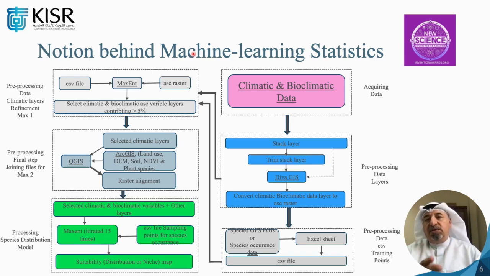This technique has been very useful, and another very important domain of machine learning statistics is that you can also predict the distribution of invasive species. You could delineate the potential occurrence of alien species. In my case, I used alien birds in the state of Kuwait and the Kingdom of Bahrain to allocate where the alien species could be.